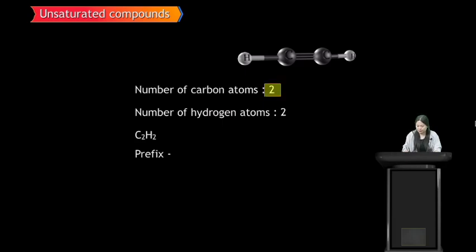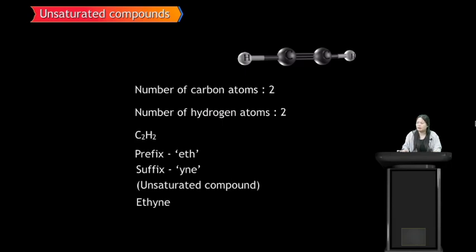Yes, students, very good. Since it contains 2 carbon atoms, the prefix will be ETH. Now, when we look at this structure, we see that there is a triple bond. When a carbon compound contains a triple bond, it is known as an alkyne. So the suffix here will be YNE. This is an example of an unsaturated compound, and the name of this unsaturated compound is ethyne.